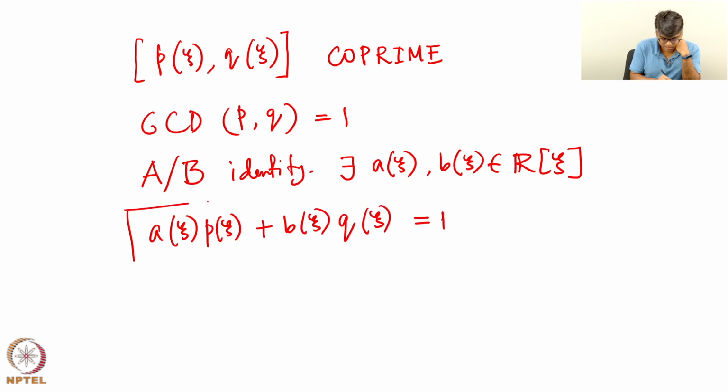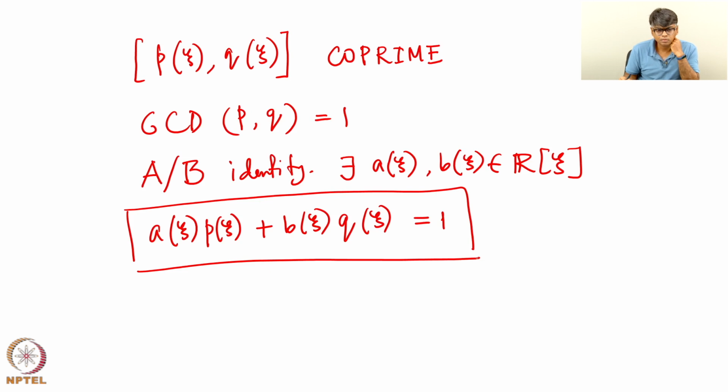Now, this is an identity, right? That means these psi's are placeholders. Because it's an identity, if you place anything in the placeholder's position, it should still be true. In other words, if psi were to be just d dt, still it would be true. This is not an equation, this is an identity.